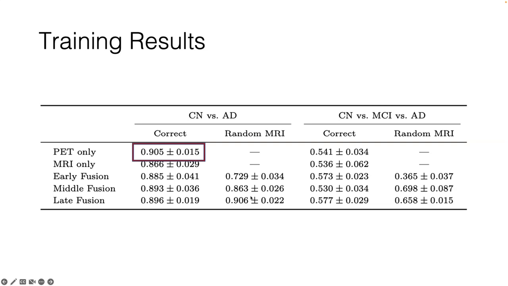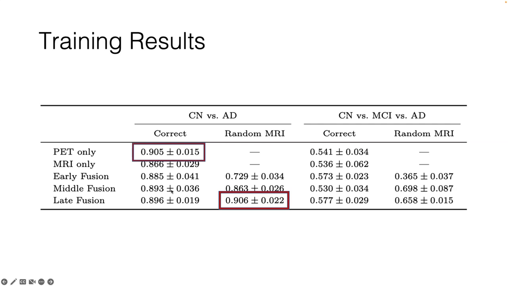Within our fusion strategies, we see the best balanced accuracy for late fusion random MRI result that also matches our PET only result. This is interesting as it introduces a trade-off between whether or not you want to add in MRIs versus only use PET only.